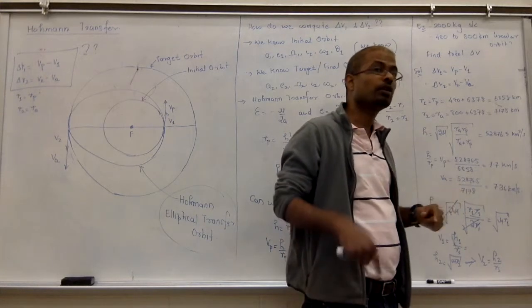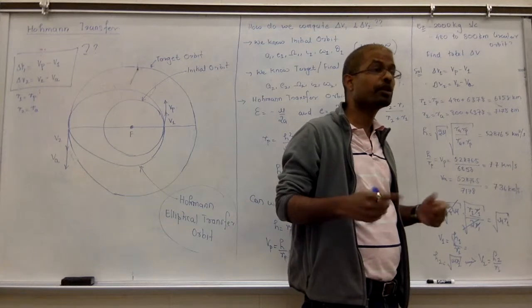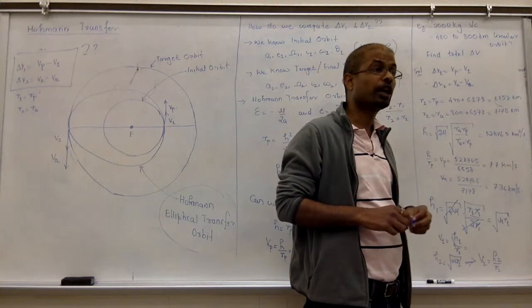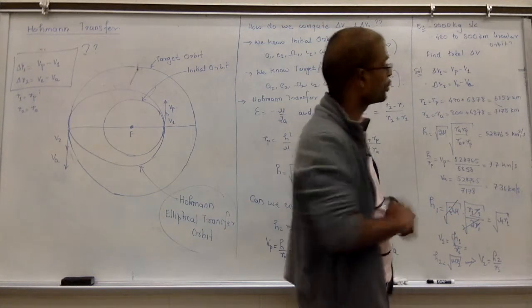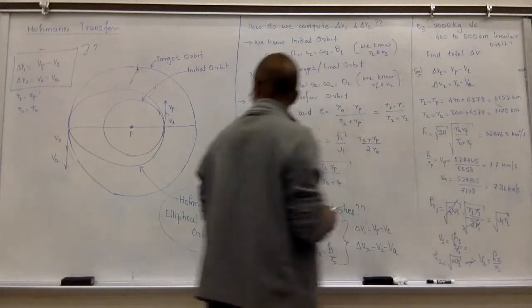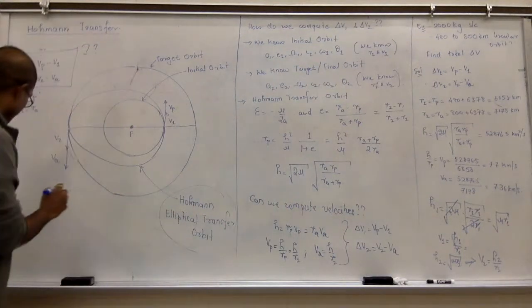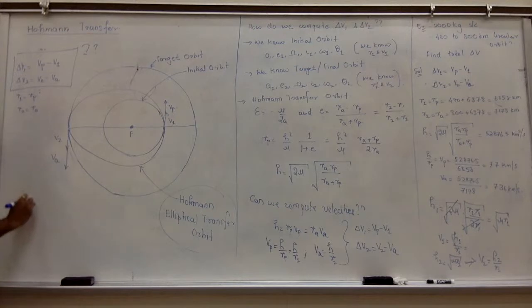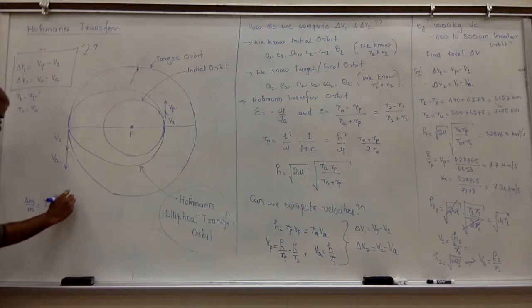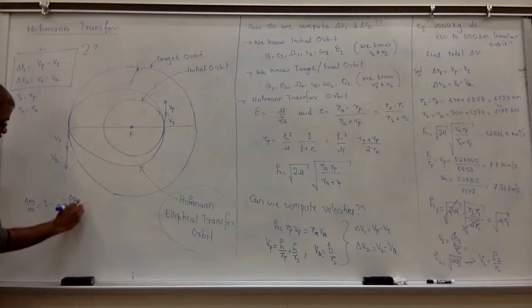Now think about the first impulse equation we talked about, the ideal rocket equation. The ideal rocket equation was the fact that you lose some of your mass as you go higher. So delta M over M is equal to 1 minus e to the power of minus delta V over I S P g1.